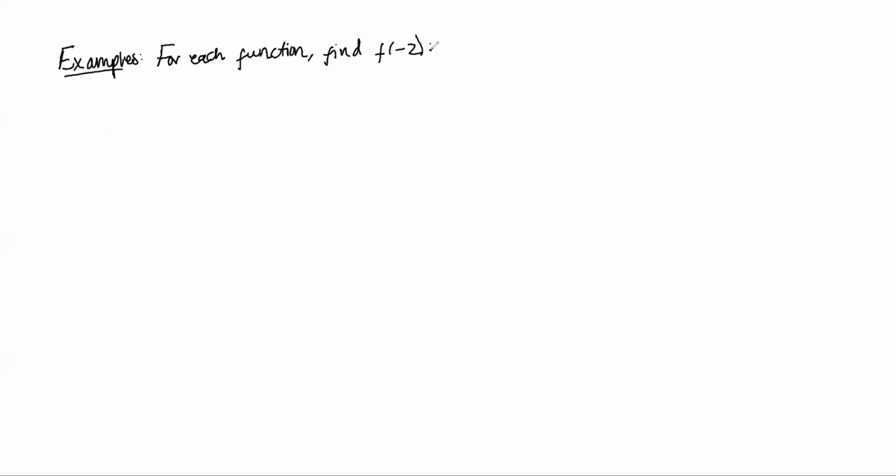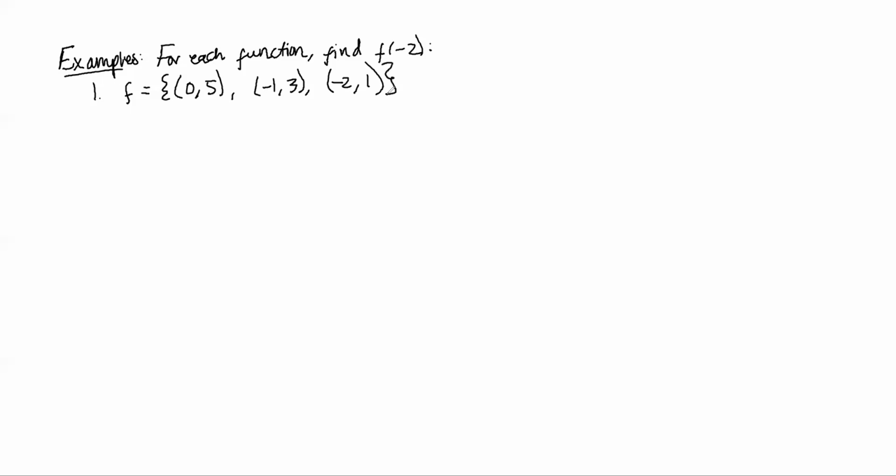So for this one, we're not going to be given an equation. This first example, we're given a set of ordered pairs. So we're told that f, or f of x, is equal to the set of points (0, 5), (-1, 3), and (-2, 1).